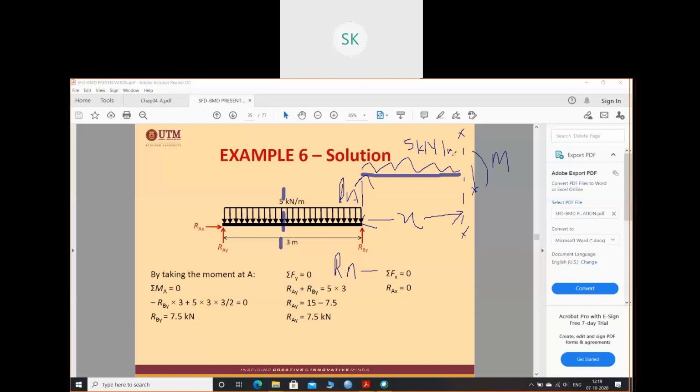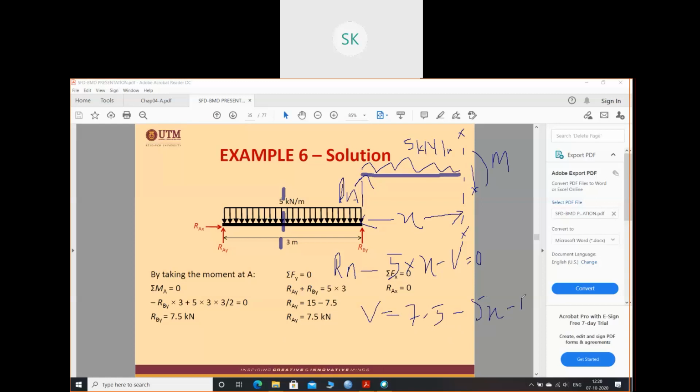We have UDL, so 5 into the distance it is acting, x, minus this V equals 0. So my shear force will be RA, which is 7.5, minus 5x. Now my shear force will be 7.5 minus 5x.